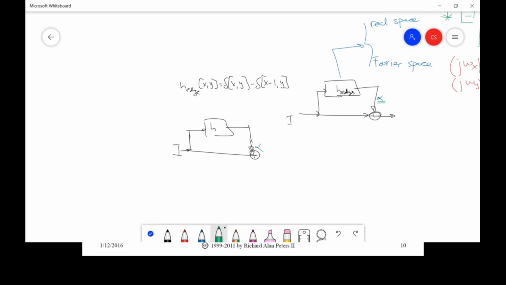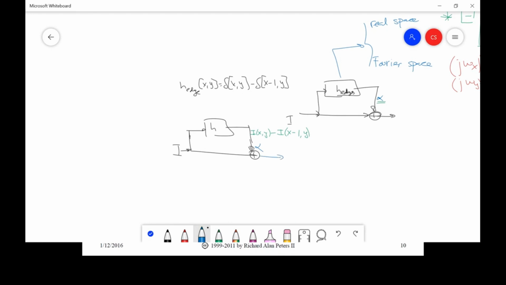Okay, so at this point, let's make it green. We have I convolved with delta, but this is I minus I x minus 1 I. And then we are adding both.